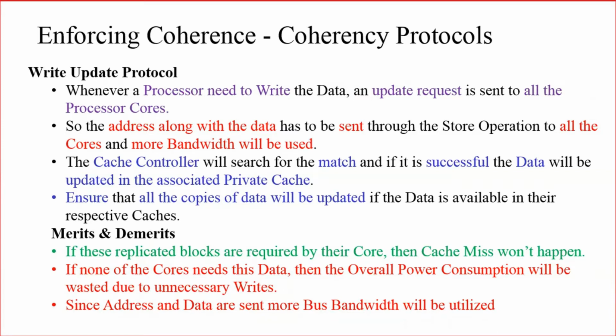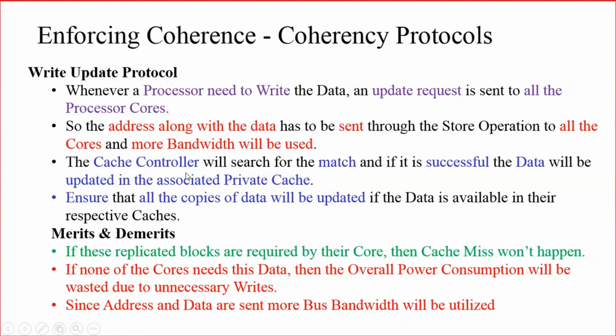But here, since we need to update the data, if the same address is present in other cores, address as well as data has to be sent to all the cores. Since address and data are being sent, more bandwidth will be used, so the bandwidth of the bus will be affected.